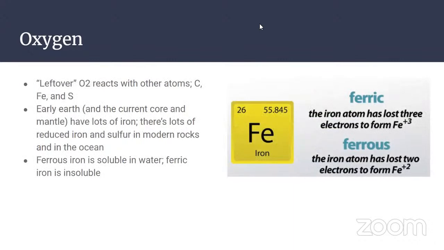Fortunately, while we can't sample 4 billion year old air, oxygen does react with other things. So oxygen reacts with carbon, iron, and sulfur primarily are the things that we look at.